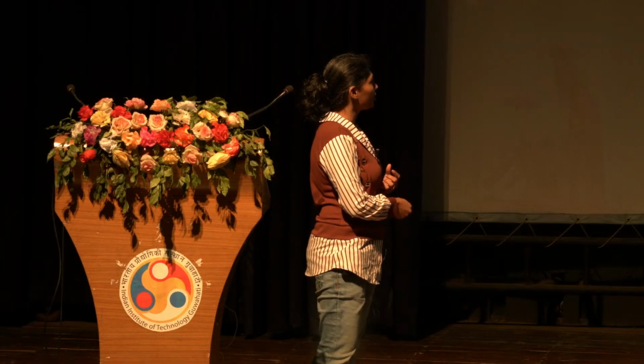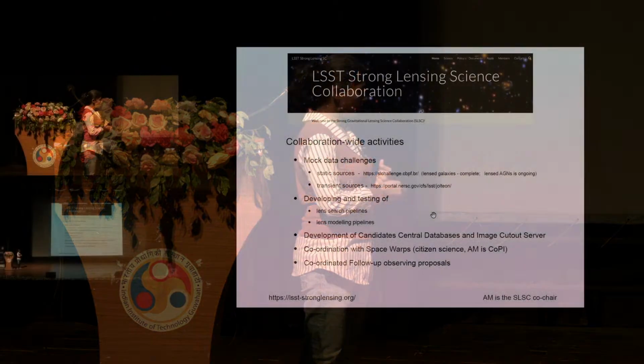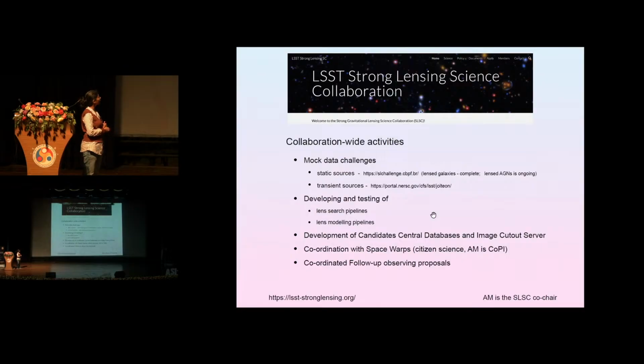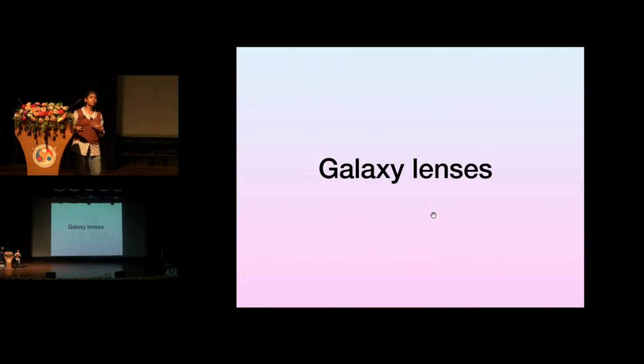The website is over here, and so you can take a look at all the various activities and related projects and so on. In the next few slides, I'm going to talk about the different science that I've been doing with the HSC survey, as well as some of the ongoing activities within the SLSC, the Rubin LSST collaboration.